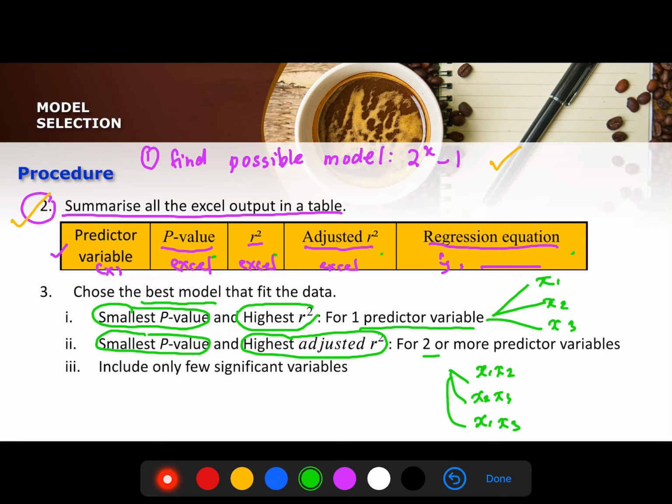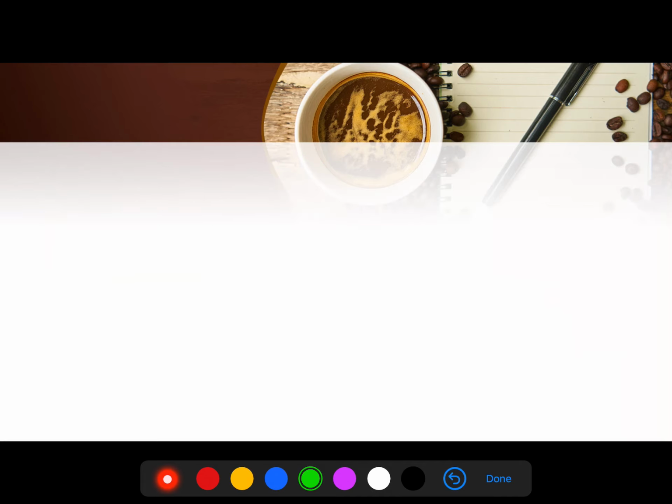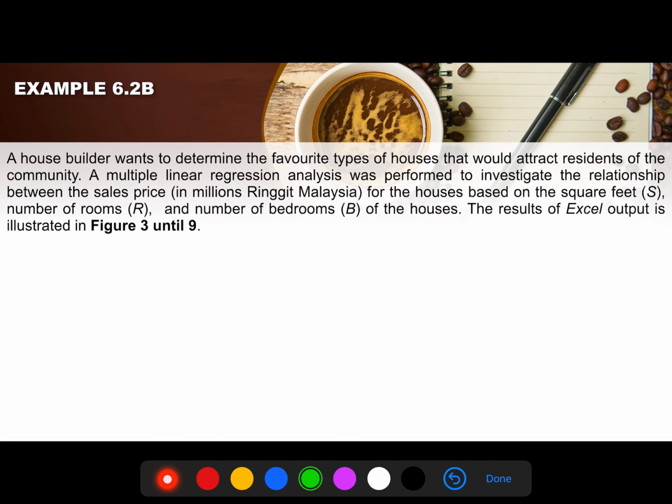Okay, so don't worry. Look at this example. Please understand this example. Example 6.2b. This one is the case study, the same as 6.6b. A house builder wants to determine the favorite type of houses that will attract residents of the community.